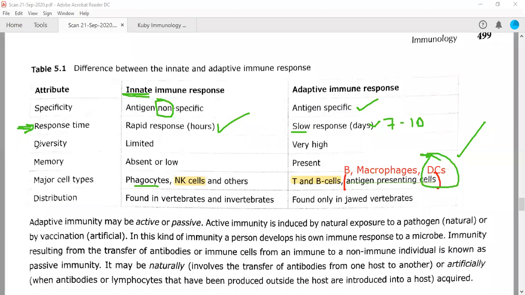If we talk about diversity, the innate immune response, because the system is present since birth, has limited diversity. It will recognize a limited number of pathogens.